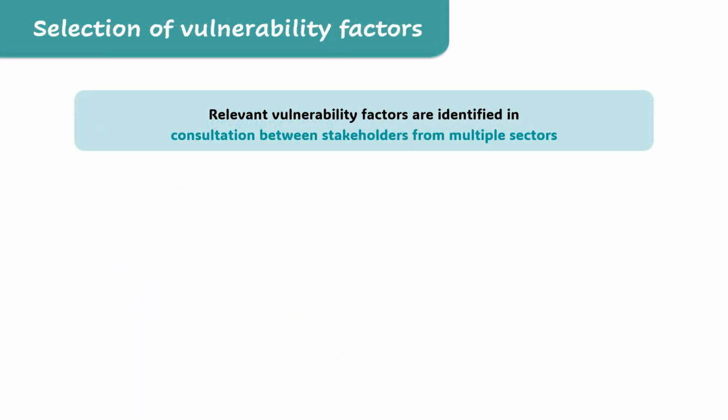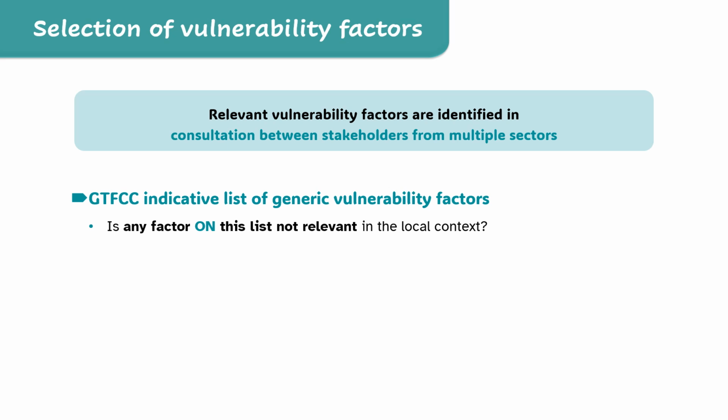The vulnerability factors relevant in the country-specific context are identified in consultation between stakeholders representing multiple sectors. As a starting point, the GTFCC indicative list of generic vulnerability factors should be reviewed in order to assess if any of these factors is not applicable or relevant in the country-specific context.